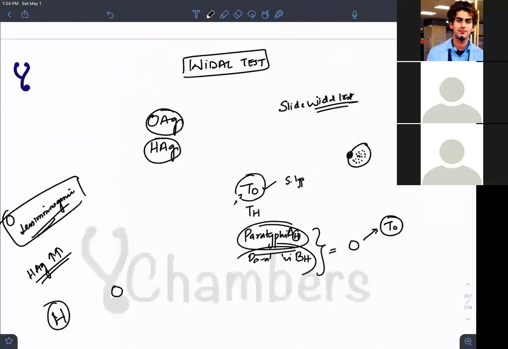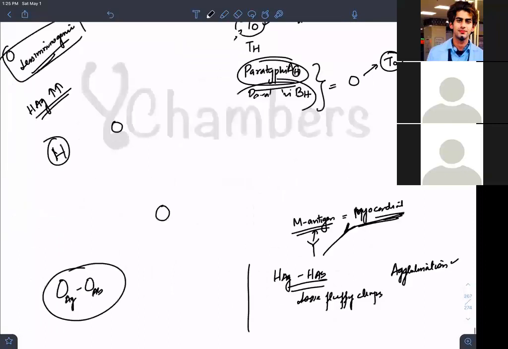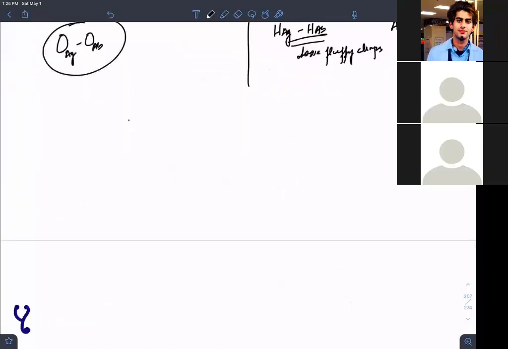Let me make a generalization. Sir, you said O antigen, O antibodies, they are reacting together. Can I say O antibodies of typhi, O antibodies of paratyphi B, O antibodies of paratyphi A, these all are equal?